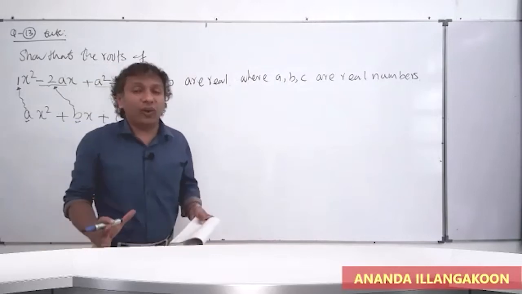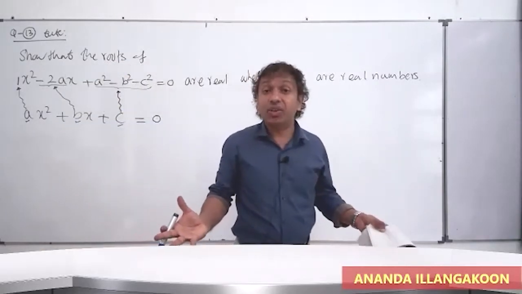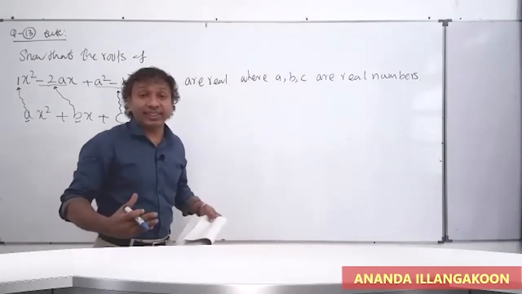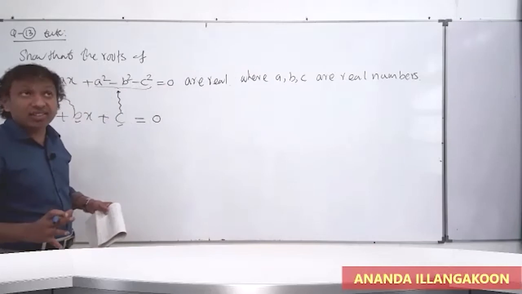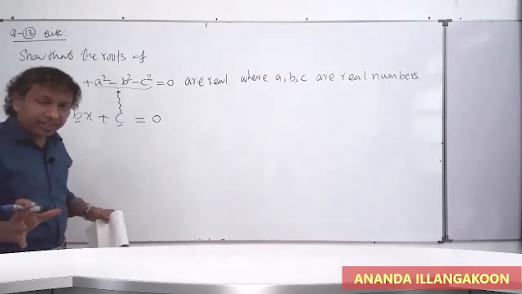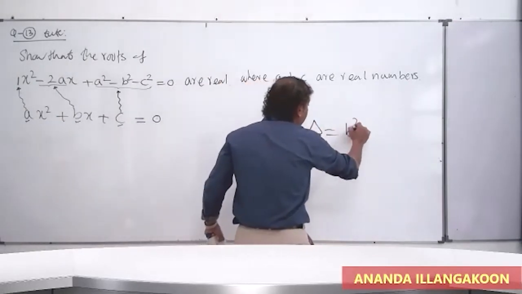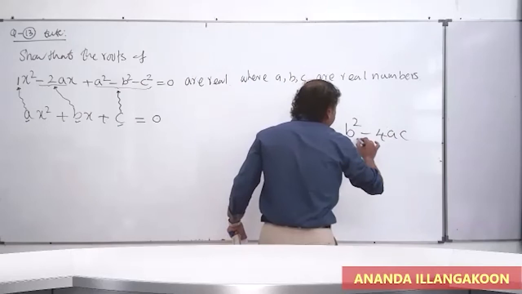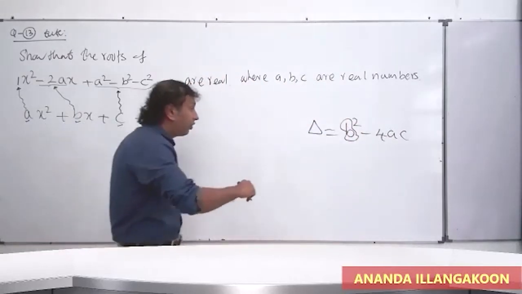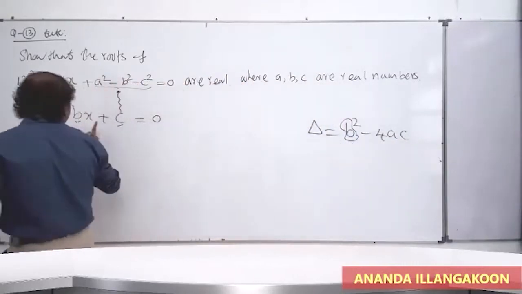By its sign only, we can see the nature of the roots. So next we are going to write the delta, the discriminant. We know the discriminant is defined as delta equals b squared minus 4ac. What is b? b is the x coefficient. a is the x squared coefficient, and c is the constant.